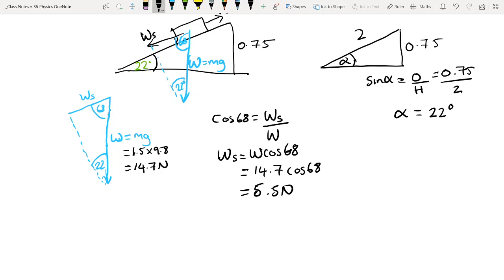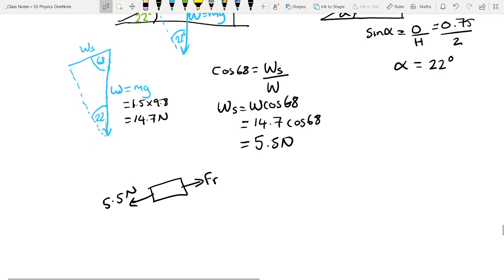We're still not finished. So this is taking quite a lot longer than the other one. 5.5, yeah. Then we can use Newton's second law. So we now know that that is 5.5 newtons, and we've got a frictional force back the way.